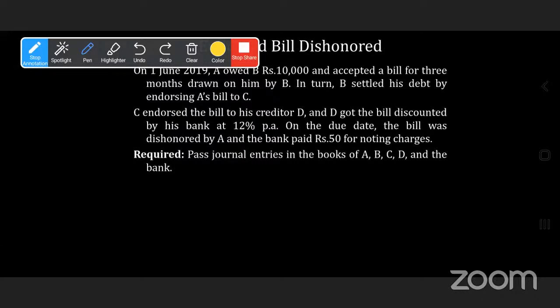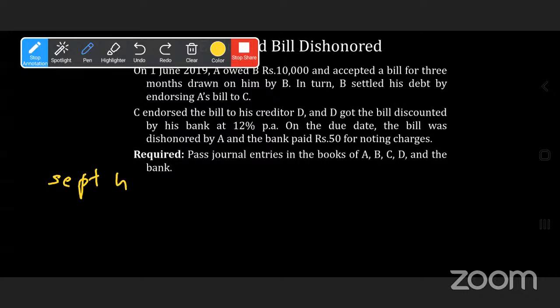But A may not be involved in all these transactions. He has to pay the bill at the due date, but on the due date, A did not pay the amount. Now you have to pass the journal entry as September 4.